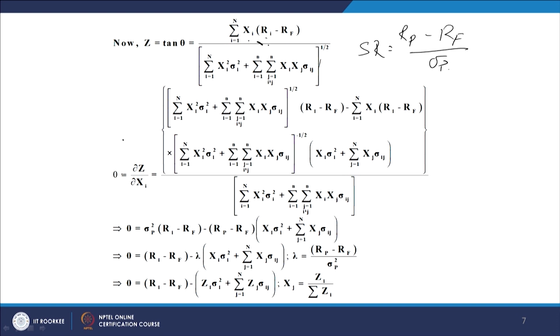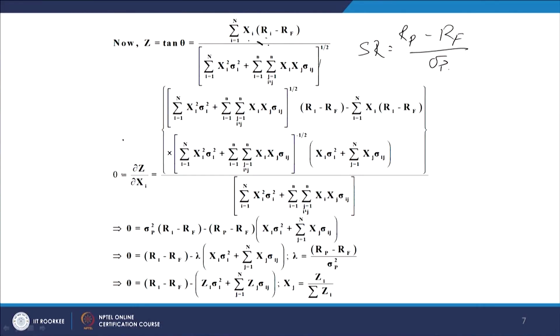On simplification, taking the partial derivatives with respect to each of these xi's, because we are optimizing with respect to each of these xi's, we end up on simplification with these optimization equations.